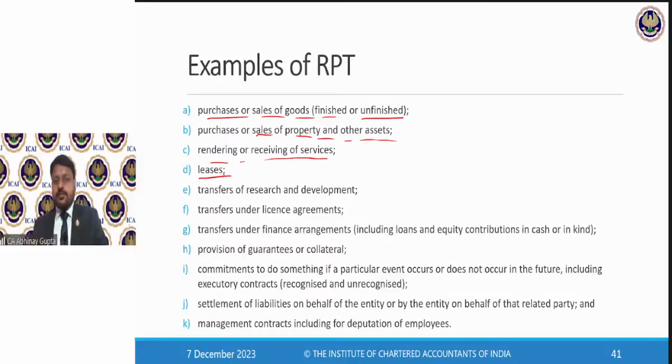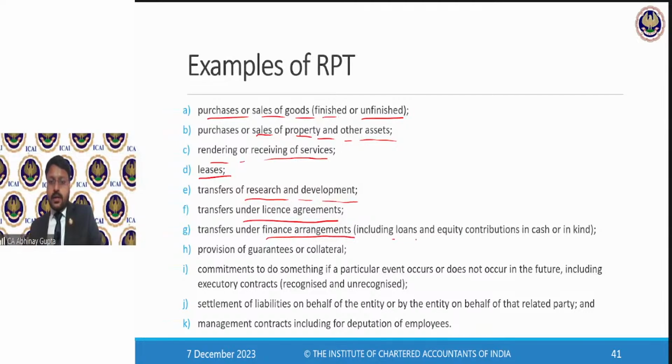Leases, if we have entered into any lease agreement by giving certain assets to the related party on lease, or we have taken any assets on lease from them. Transfer of any research or development. Suppose a pharma company was doing some research on a particular drug. Now it has given that formula to the subsidiary or any other related party, or received from them, vice versa. Transfers under any licensing agreements, transfers under financing arrangements.